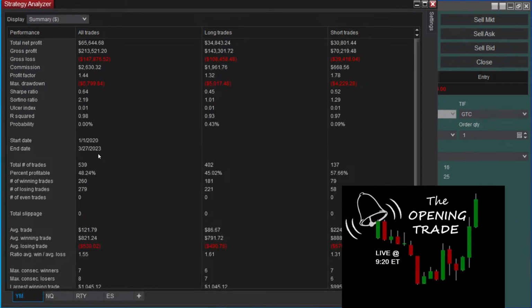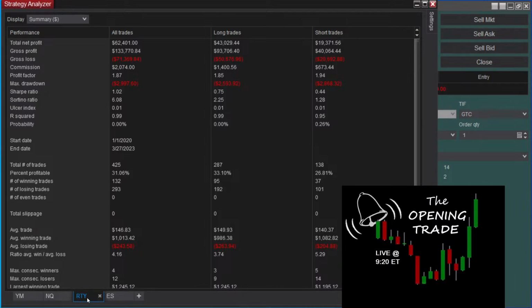It's really like 3 years plus here. So here's our start and end date, our max drawdown, gross loss, gross profit, and total net profit. If you have the data, backtesting can be a breeze.